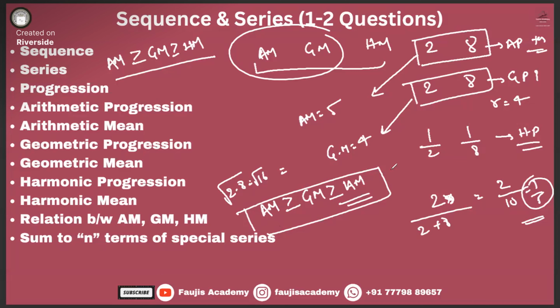You guys check if I have found out the GM. In harmonic progression, the formula is 2AB by A plus B, right? Yeah, 2AB by A plus B. Yeah, that's correct.